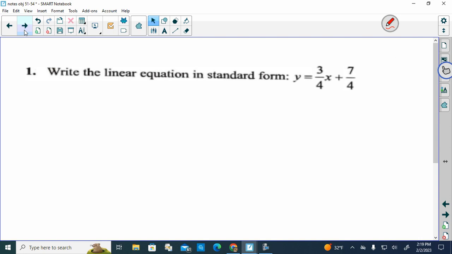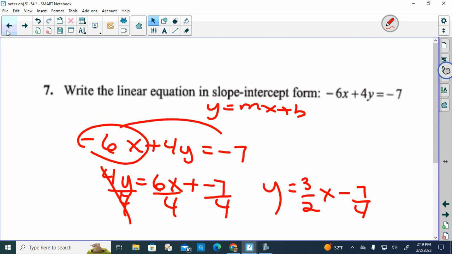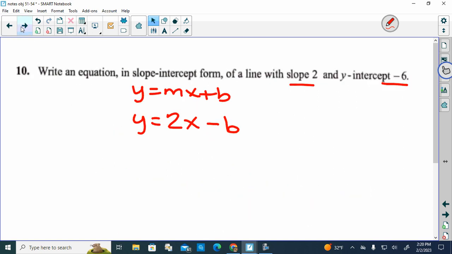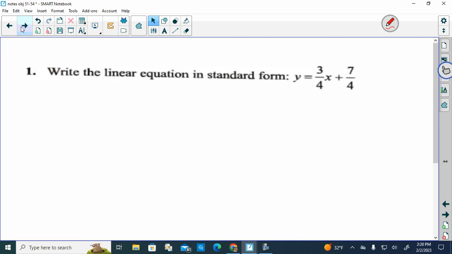Okay, so we're writing the linear equation in standard form, and right now it's in the slope-intercept form. So this is the one that I was talking about at the very beginning, for you to catch: we can have fractions when we have y equals, but here we can't. So all we're doing on this is we need to get rid of the fractions first before we move things.